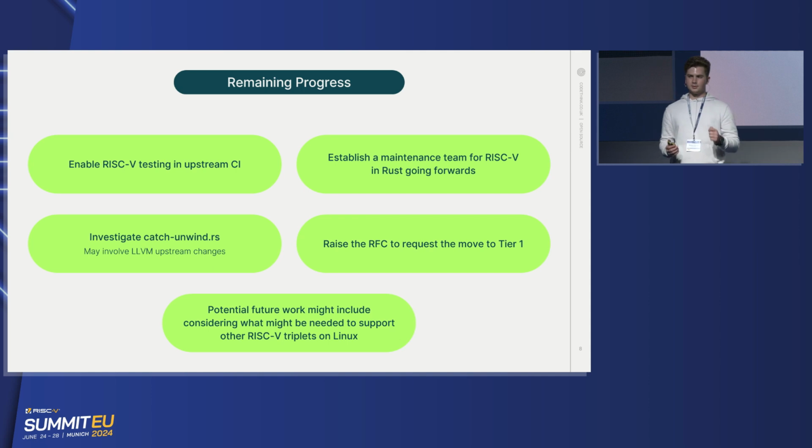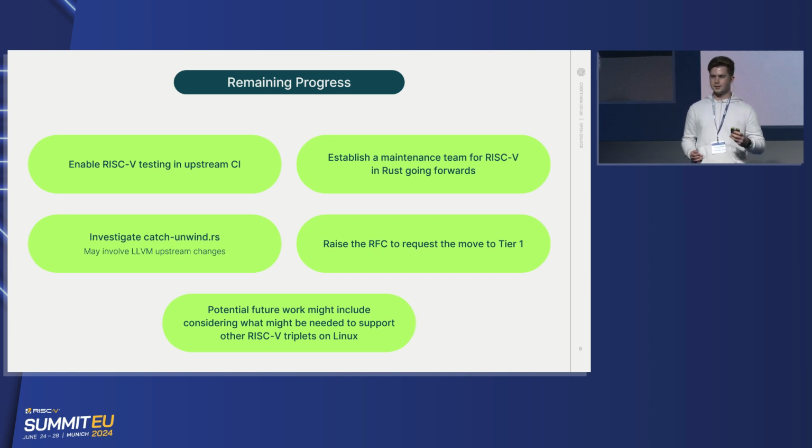And this isn't guaranteed to go through, because it's a big commitment maintaining a Tier-1 target. So the maintainers could say no, and all the work that we've done so far would be beneficial, but it wouldn't be officially used. And then coming off the back of that, if we are successful, we can then start looking at targeting other triples as well.